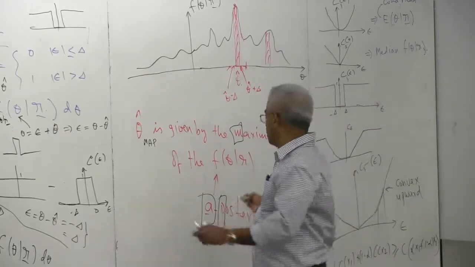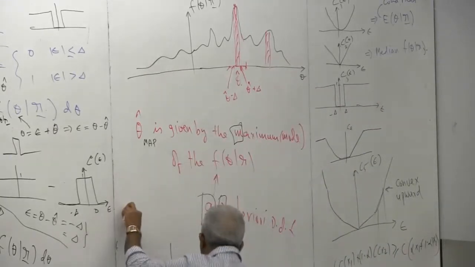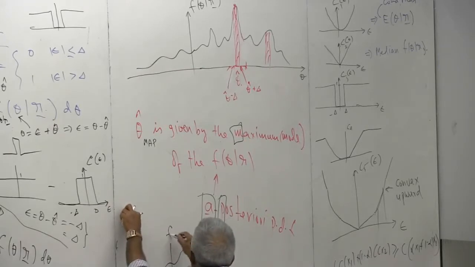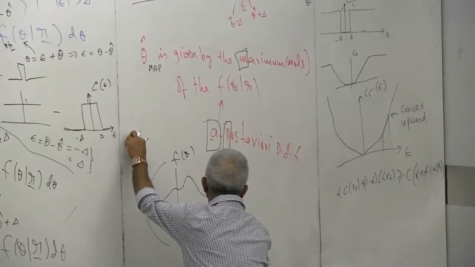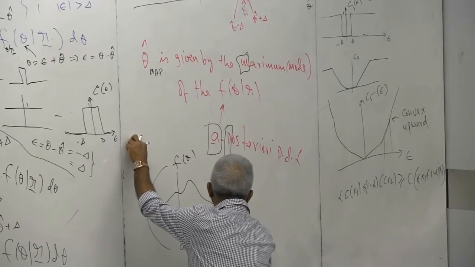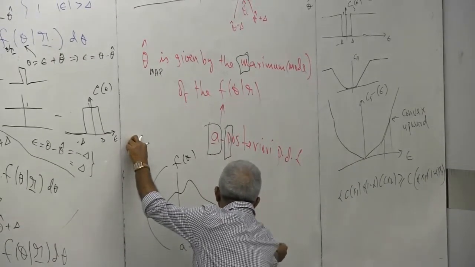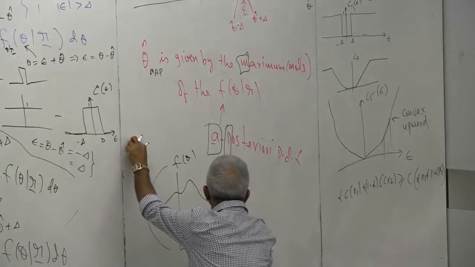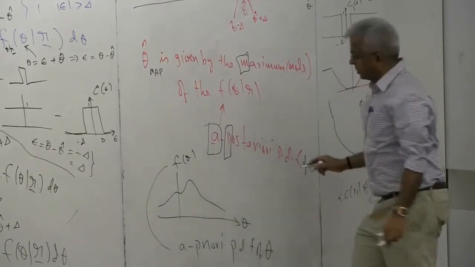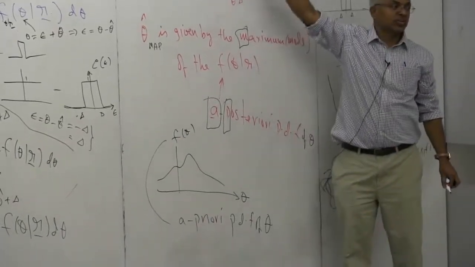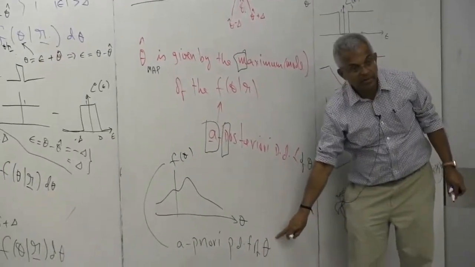Theta has its own density function, which may be like this. So this is called the a priori density function. Look at here, we have two density functions, both are for theta.